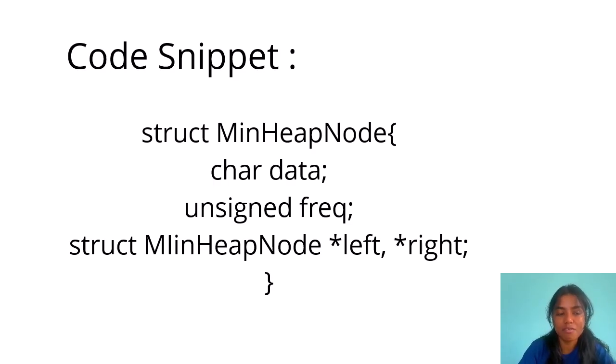Unsigned freq stores a frequency, that is, how many times this character appears in the input data. The type unsigned means it can only store non-negative integers. Struct min heap node asterisk left, asterisk right are the pointers to the left and right child nodes used to build a Huffman tree, where each node may have children. And the closing brace closes the structure definition.